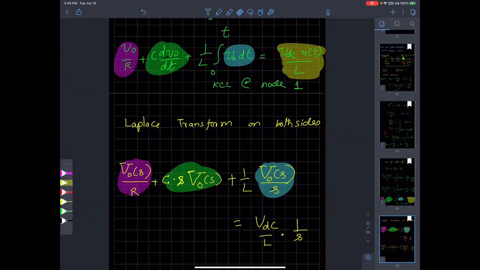Now what we have are not integro-differential equations; we have equations with polynomial variables of S. So let's continue our discussion from there.